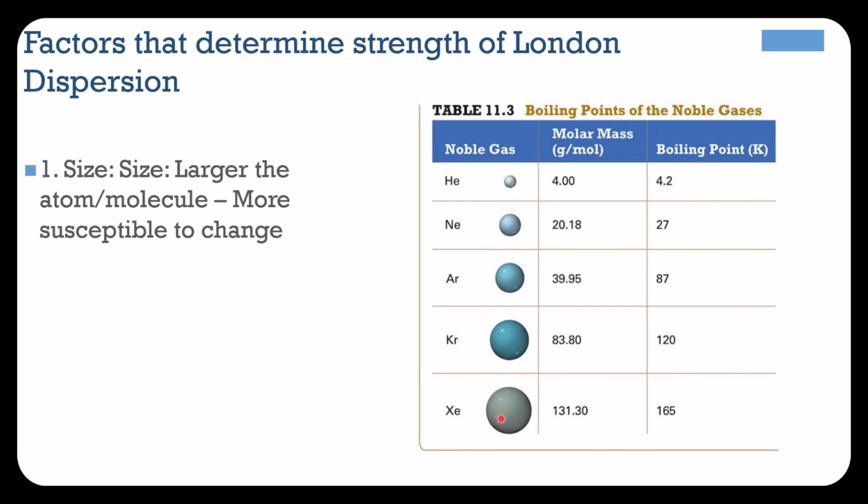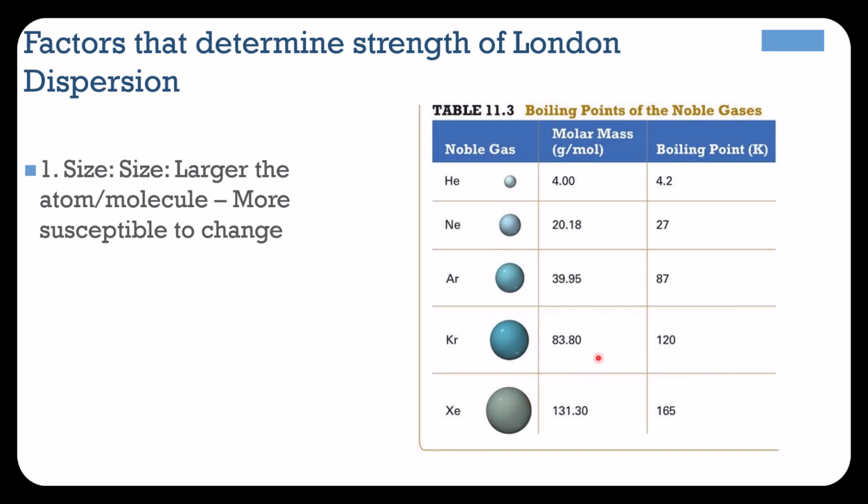Xenon is big or large, and those electrons are more susceptible to change. So the London dispersion for helium would be a weaker attraction or a lower London dispersion force. And for xenon, it would be a much stronger attraction or a higher, stronger London dispersion force.